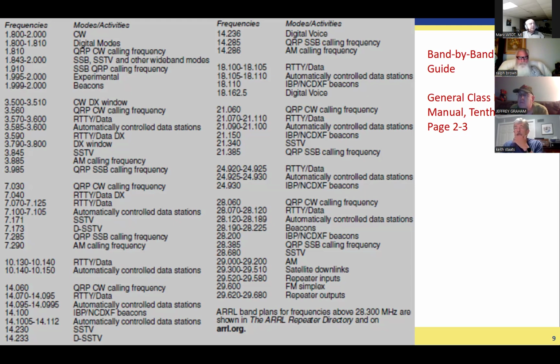And then around 7.100, a little above 100, people who are a little slower on CW will congregate there. If they're not very fast on CW, and they're in the learning stage on CW, they'll look for contacts there. That's quite common there.